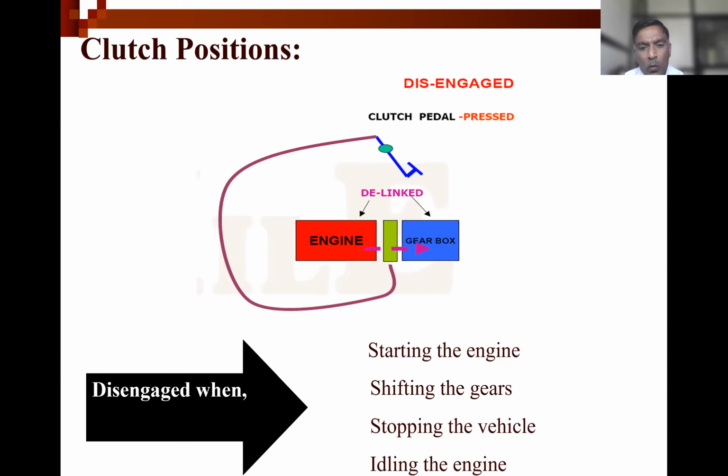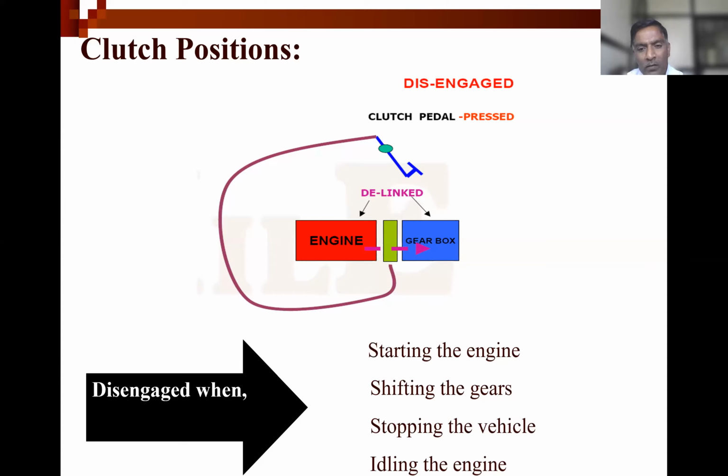Now whenever the driver wants to shift the gear, at that time the engine is rotating. While the engine is rotating, if it is connected to the transmission system, it will not allow us to shift the gear.